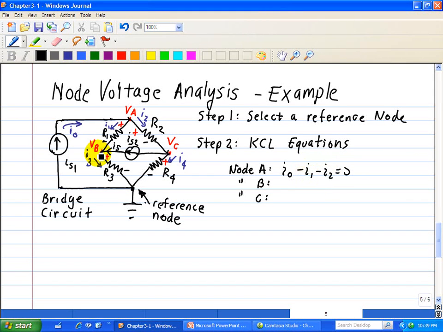Next, for node B, our incoming current is I1 plus I5, and our outgoing current is minus I3.